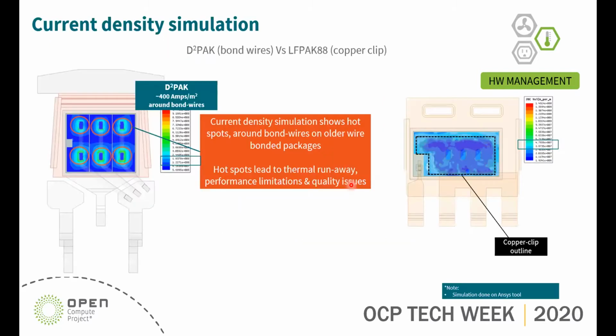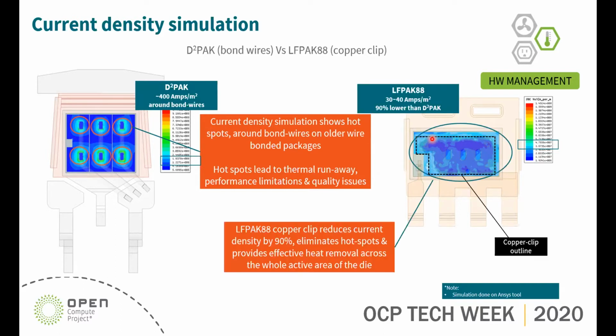Again, compare this LF pack with what we call wire bond devices. The wire bond device will have a smaller area of contact between the actual wire or the pin and the die, meaning that there is a higher current density, which would result in the current not being handled or the heat not being dissipated as efficiently as it would if you had the copper clip sitting on the die in a uniform way.